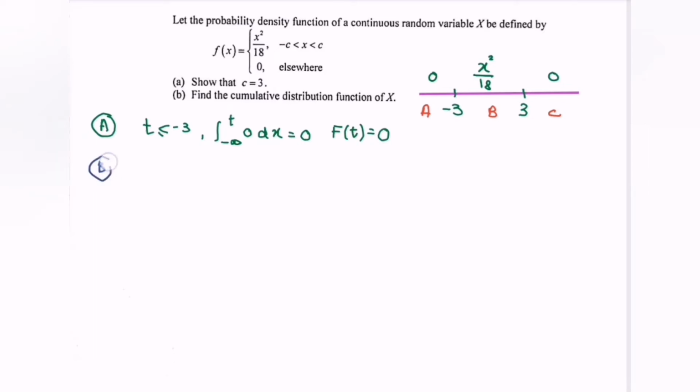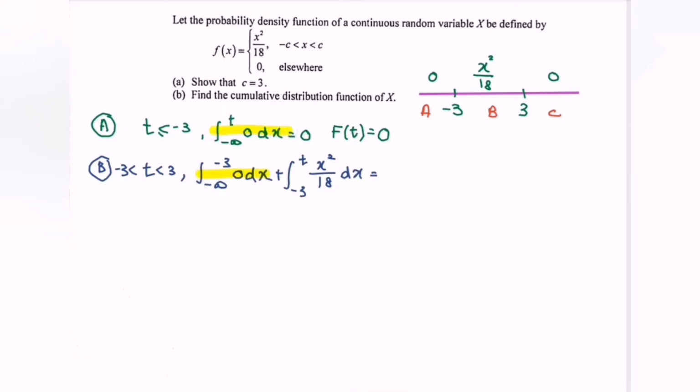Next, for part B, where we have the domain t greater than negative 3 and less than 3, we have the integral from negative infinity until negative 3 of the function 0 dx, plus the integral from negative 3 until t of the function x squared over 18 with respect to x. Kindly refer to this part.